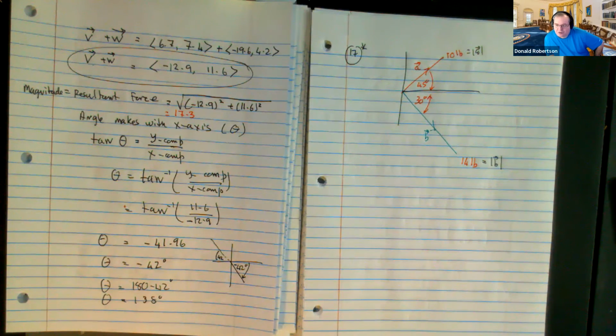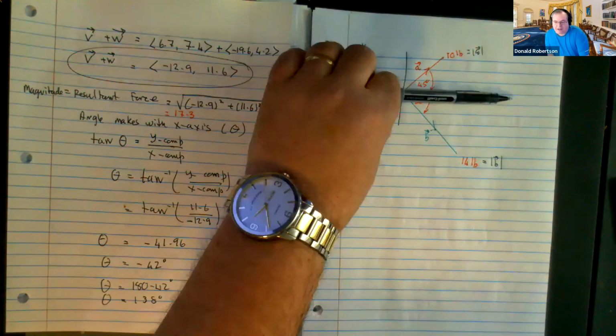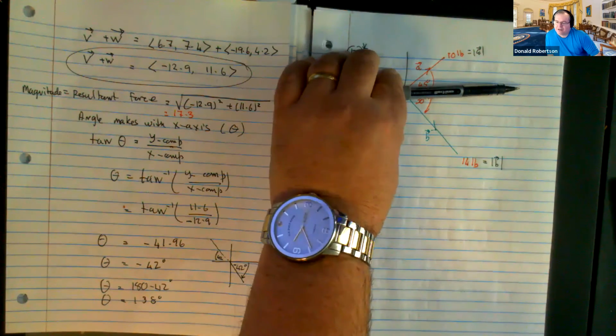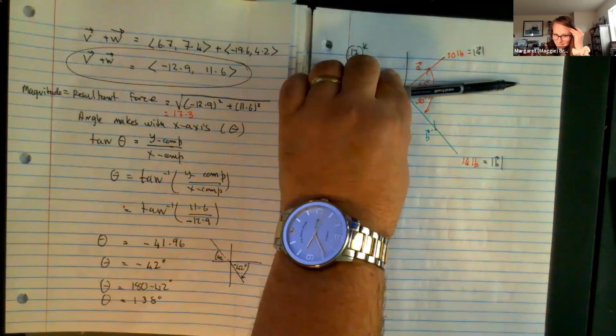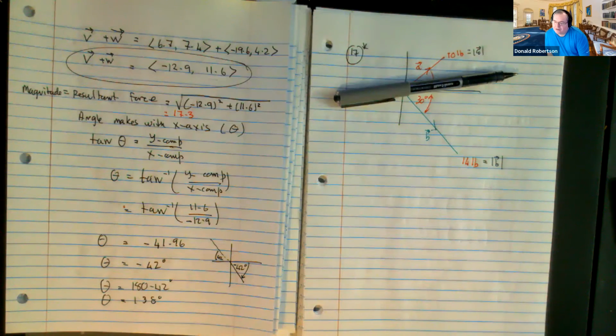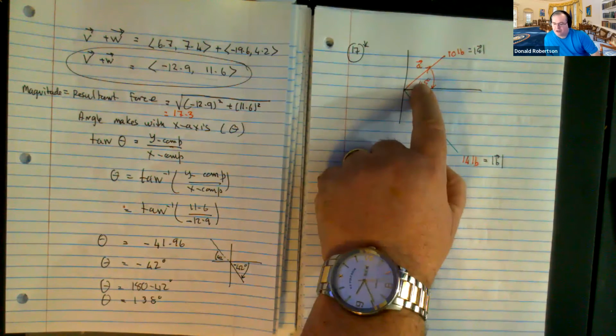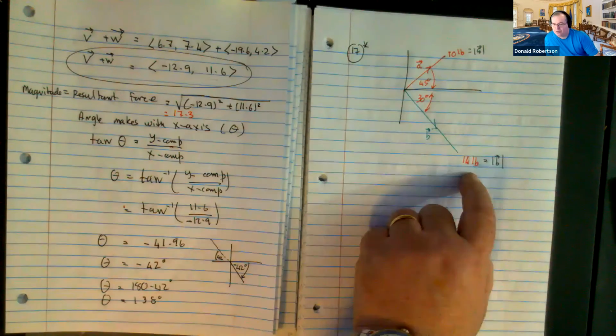It could, I guess, be bang on the x-axis, couldn't it, as well? But it's probably just pointing a little bit above the x-axis, right? Just pushing it a little bit higher. And the only reason I'm saying that is that this angle is a lot bigger than that angle, but this isn't, although it's bigger, it's not a lot bigger.